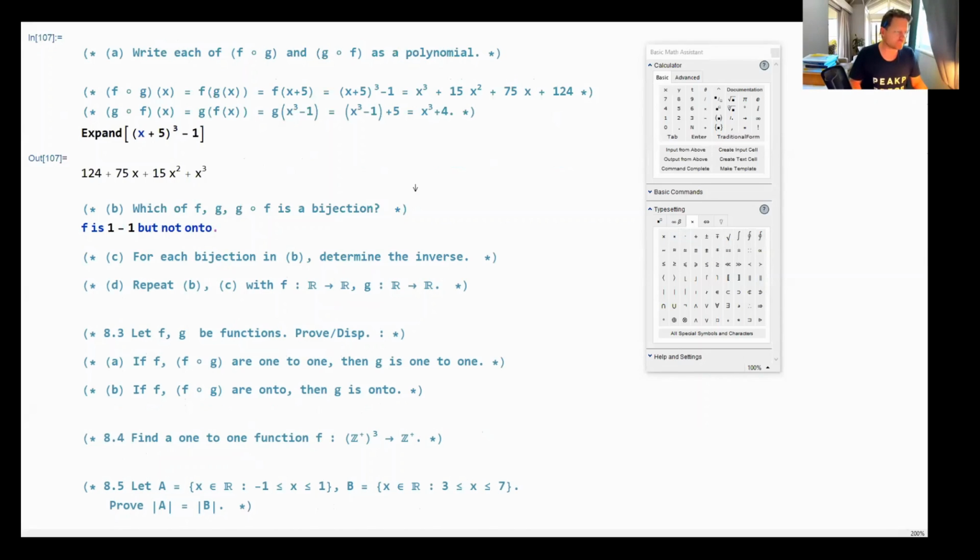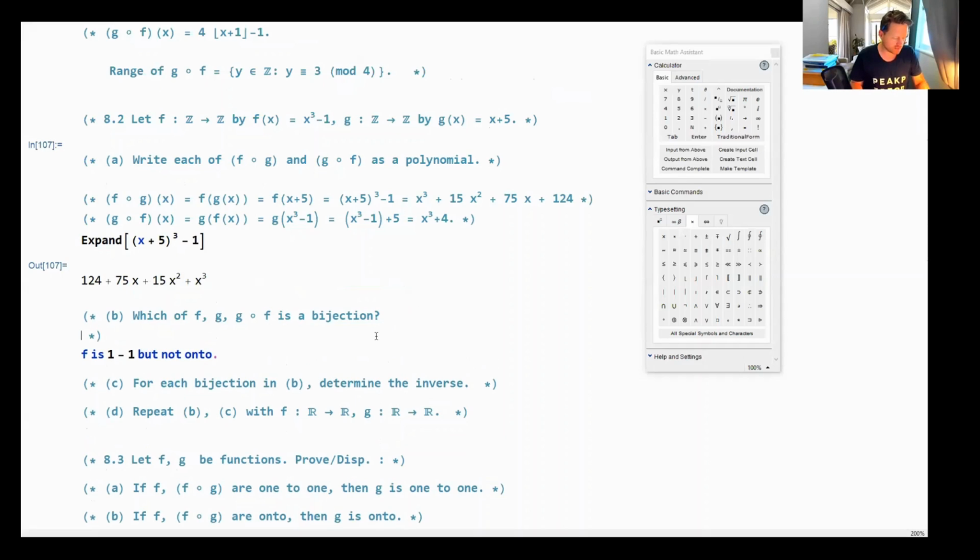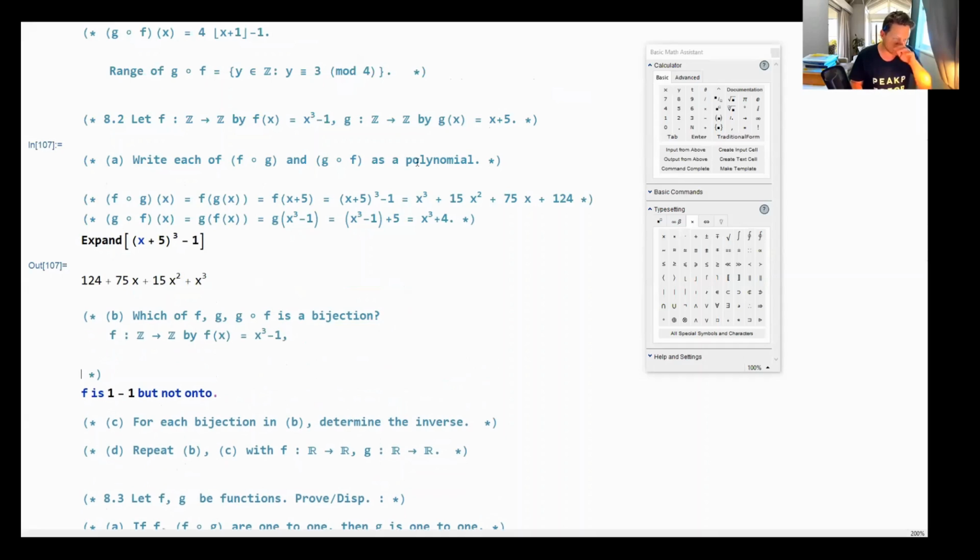So which is f again? f is this right here, right? So just copy that here. Actually, you know what? Let's just copy them right here so that they're where we can see them.